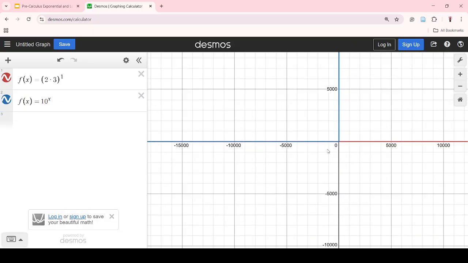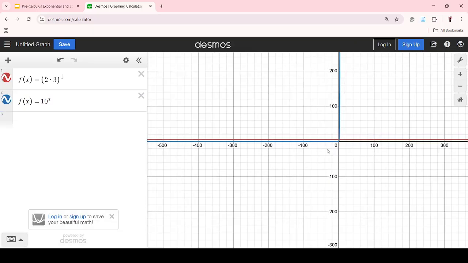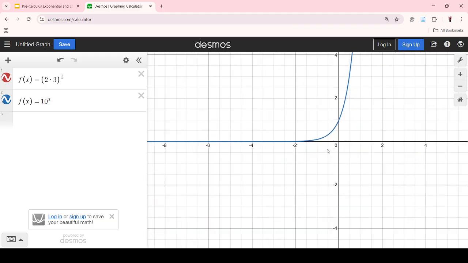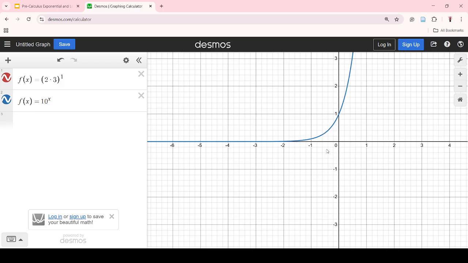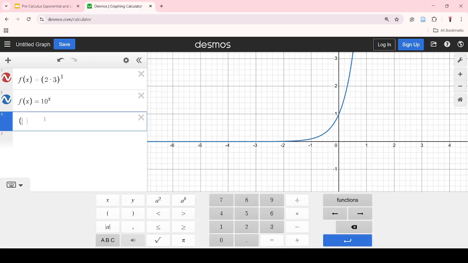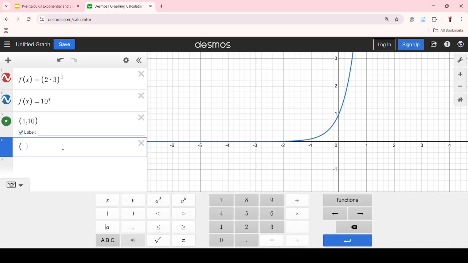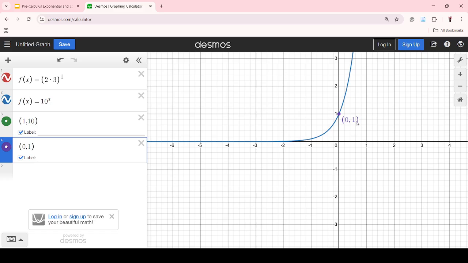Scroll back in here. As you see, the first point is on 1, 10 in just a moment, but it is also intersecting first on 0, 1, which is labeled in purple.